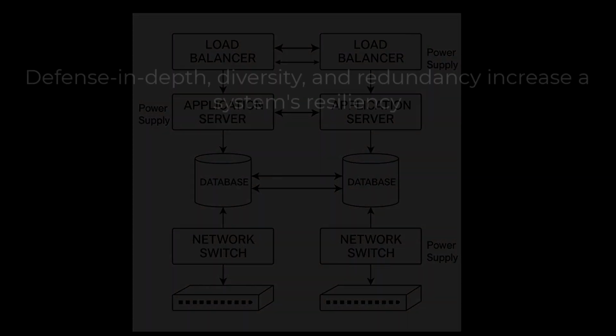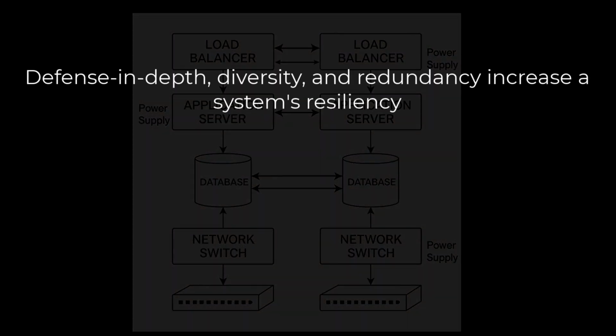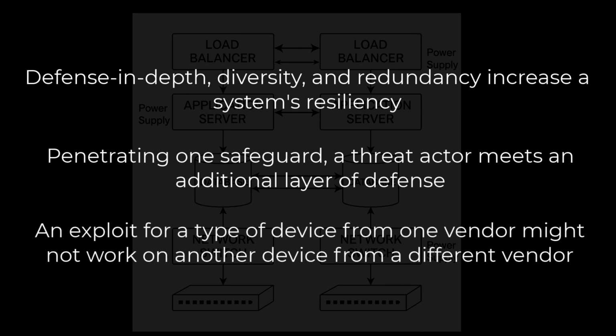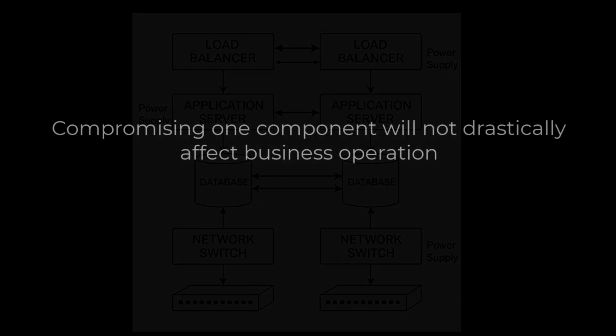Combined, defense in depth, diversity, and redundancy fortify a system's resilience. An attacker who might penetrate one layer finds another in their way. Depth. If they craft an exploit for one technology, it won't work on the next. Diversity. Even if they manage to disable one component, a backup keeps things running. Redundancy.